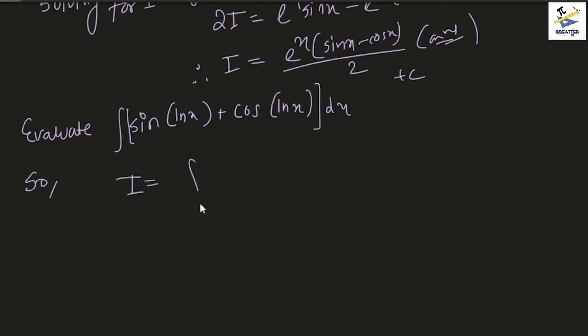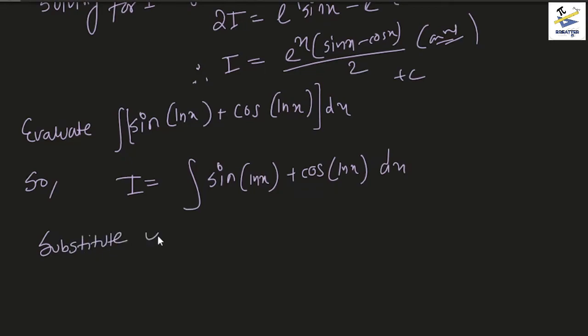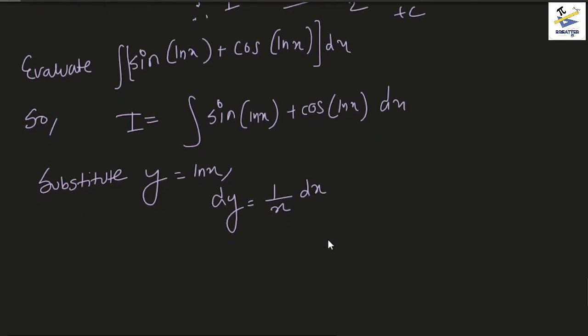So obviously I is equal to integration of sine of log x plus cosine of log x dx, and substitute y equals log x, which will give us dy equals 1 by x dx, right?